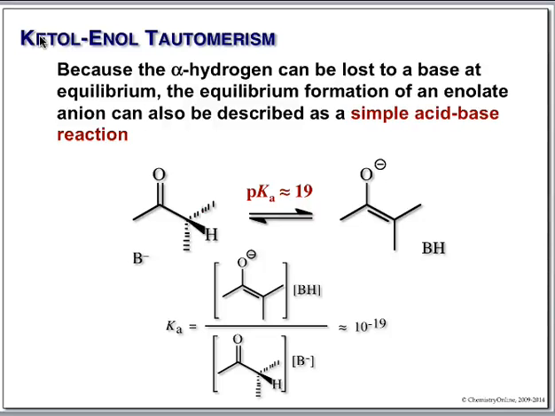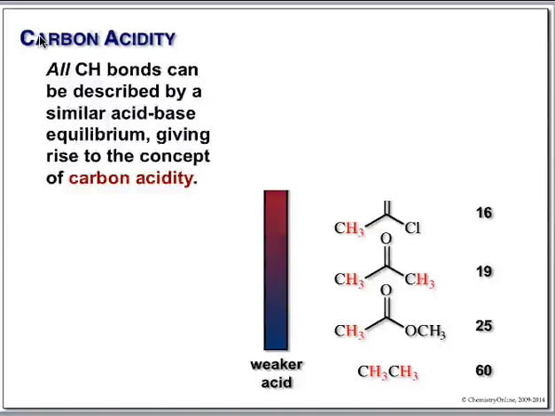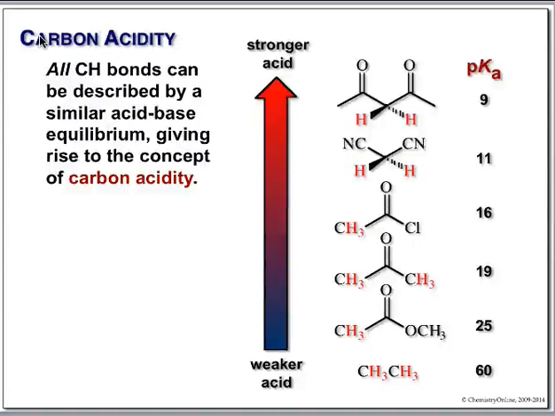Now this is a very special type of acid. Here we're losing a proton from a carbon, and this is the concept of carbon acidity. The same basic rule applies to everything that we've talked about in terms of acidity.